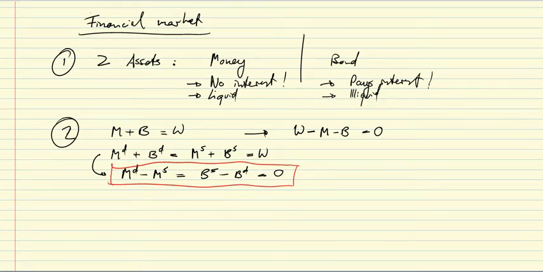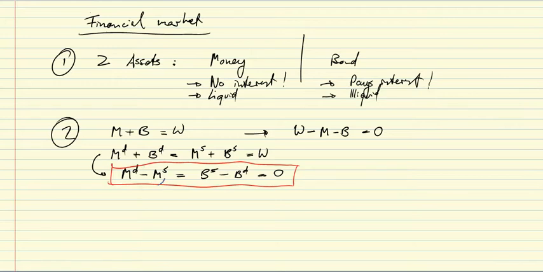As an equilibrium condition, the money market is in equilibrium when money demand is equal to money supply, so MD minus MS is equal to 0. The bond market is in equilibrium when bond supply is equal to bond demand, so that BS minus BD is equal to 0. But then since M plus B is equal to W, when they're both equal to 0, the difference MD minus MS must be equal to the difference BS minus BD.